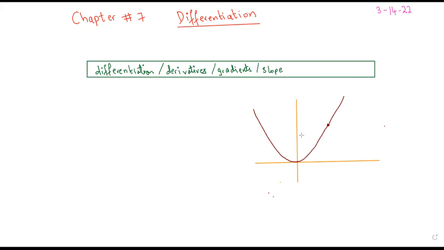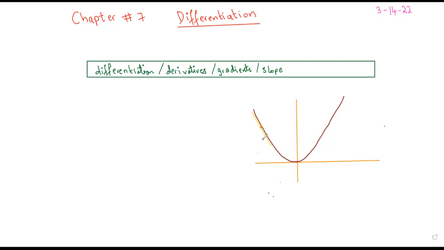A tangent line is a line that is touching the curve at this point only. Let's say this is the point, and I'll make the tangent line now. So this yellow line is basically the tangent line. This yellow line is touching the graph at one point only, and this is the point.